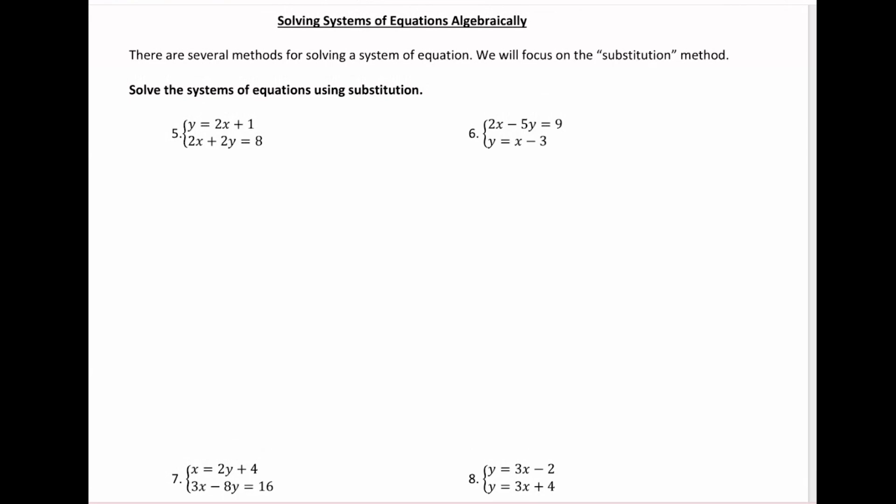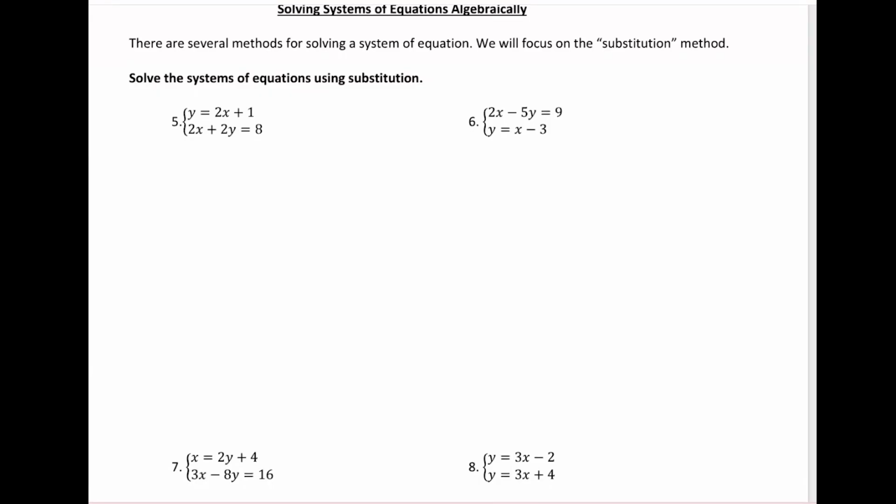So the way that substitution works is you're going to attempt to combine the 2 equations into one equation. And the way you do that is by isolating a variable in one of the equations. And most of the time, you'll already have that set. If you look at this first system, number 5, you've got the y isolated in one of the equations.